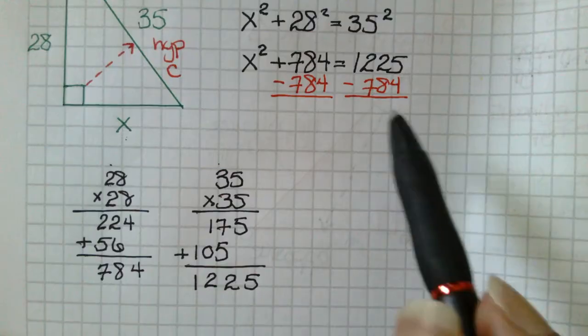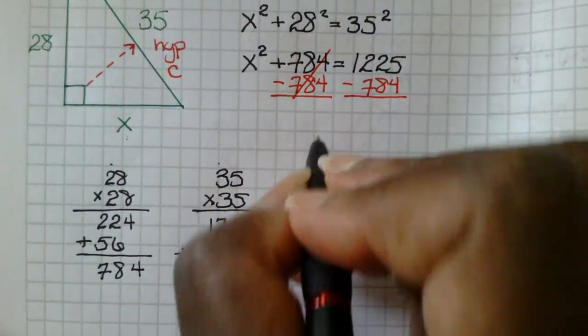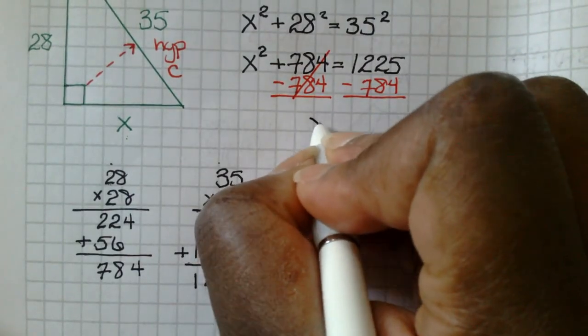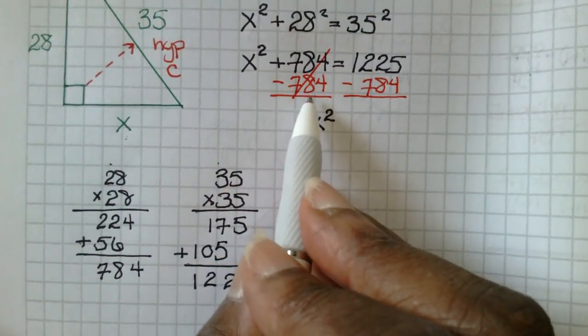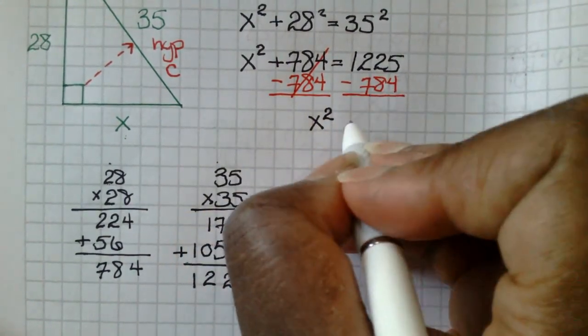Alright. So that means my 784s are going to cancel out. And what comes down is going to be my x squared, because I don't need the 0 as a placeholder for this, because I still have the x squared that needs to come down.